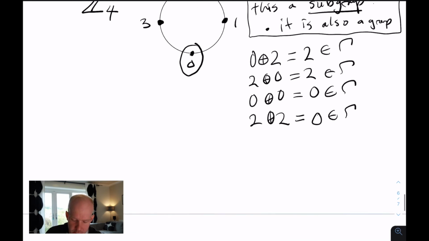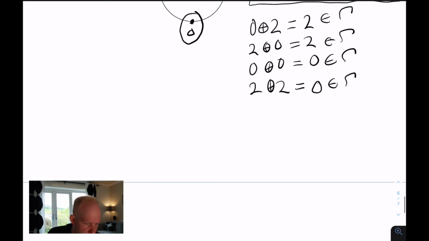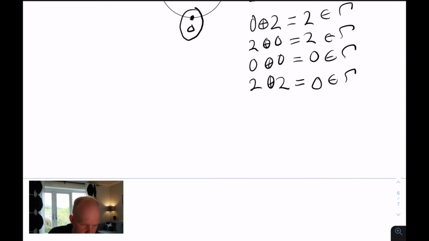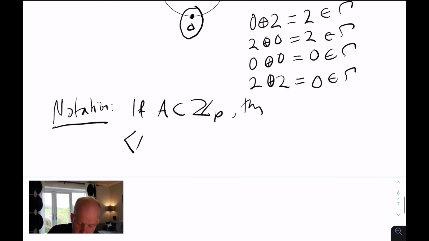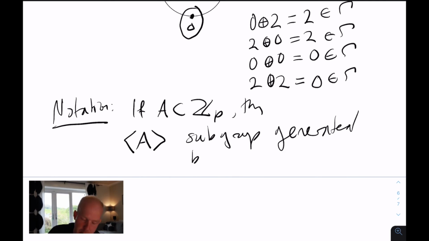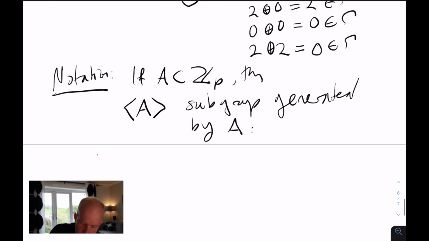And one notation that I use in the course, which is important, is this: if you take a subset A of this set B, then we write this as the subgroup generated by A. You could define it many ways.